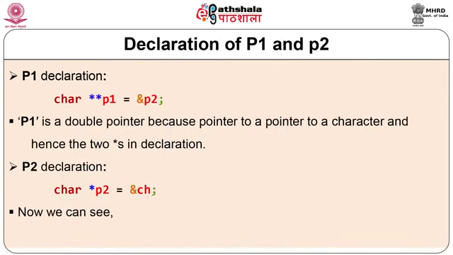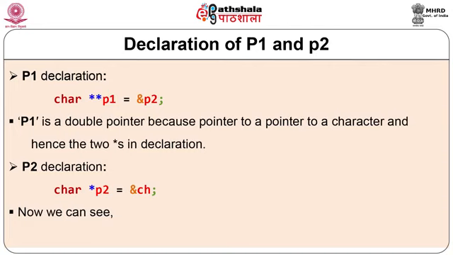Let us see how we declare the P1 and P2 pointers. The P1 pointer can be declared as char **P1 = &P2. P1 is a double pointer because it is a pointer to pointer for character, hence two stars or asterisks are used in the declaration.